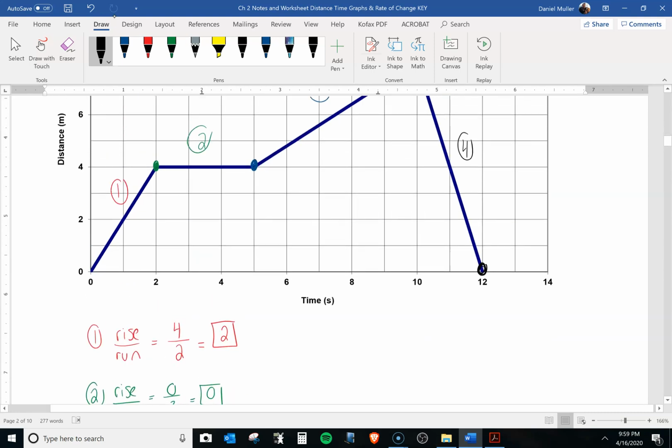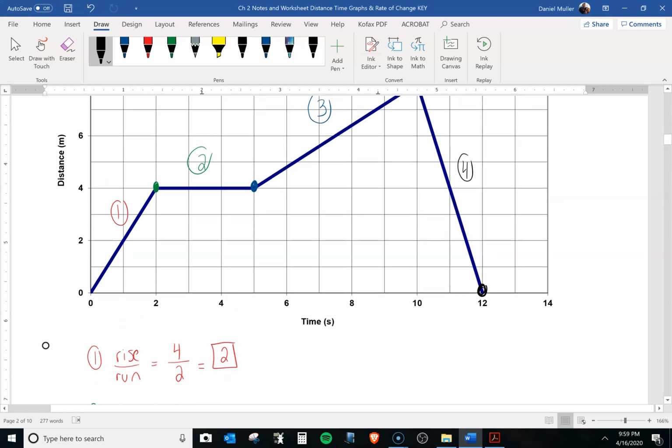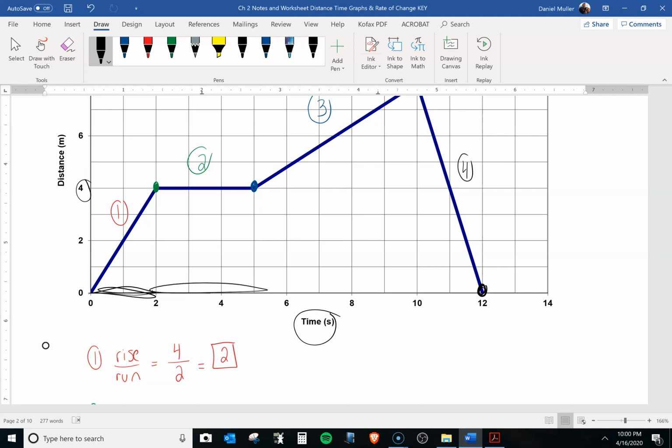So I don't know what this is, but maybe this is you at home and you're riding a bike. And so for the first, oh, it's in seconds. Wow. So for the first 2 seconds, you run away from your house. So you're 4 meters away from your house. And then you ran, I guess, pretty fast. So for the next 3 seconds, you didn't do any running.